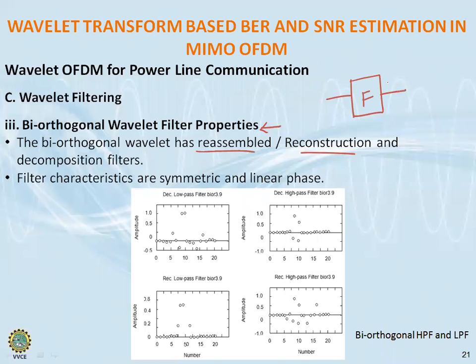Therefore, since we are designing the same filter with another two next level, we can ensure the efficiency to a greater extent. Now we can see these two are the waveforms for the low pass filters, and this is the analysis for the decomposition, and this is the analysis for the reconstruction.